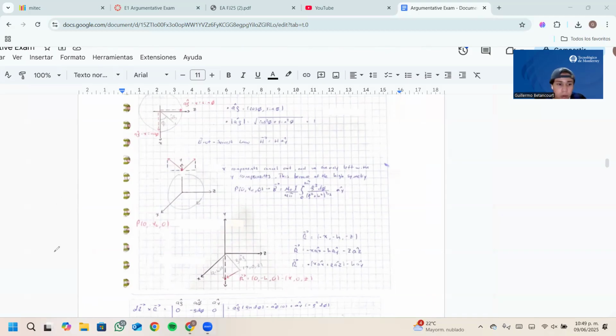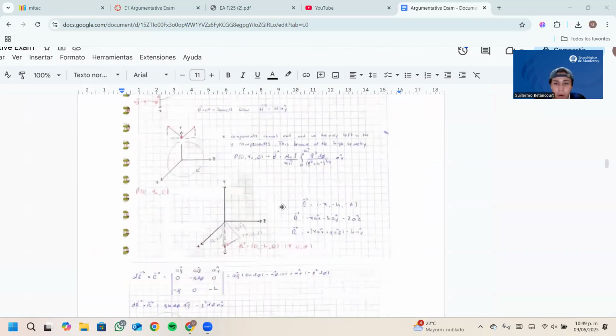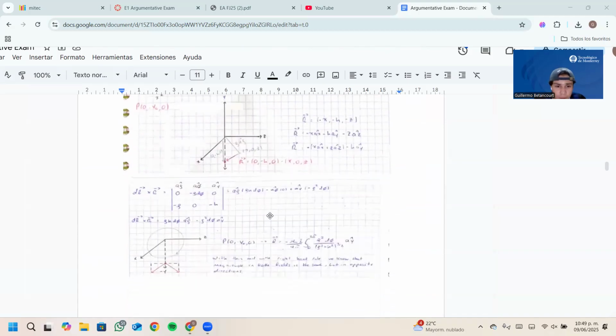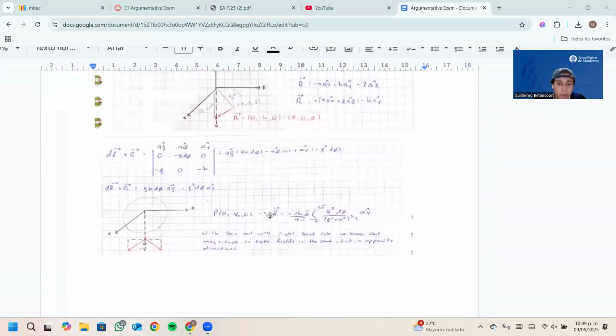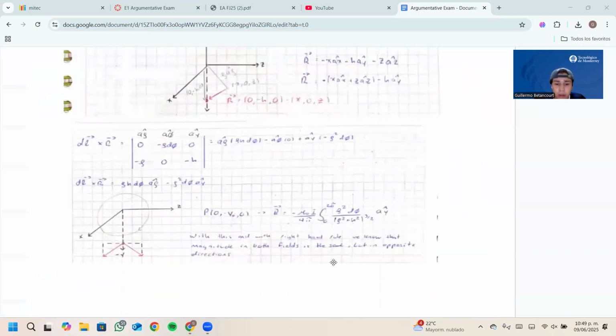So now we are going to do the same, but with the point in the negative way. It's the same process. The only thing is that it is in the negative y direction, but with the same magnitude.